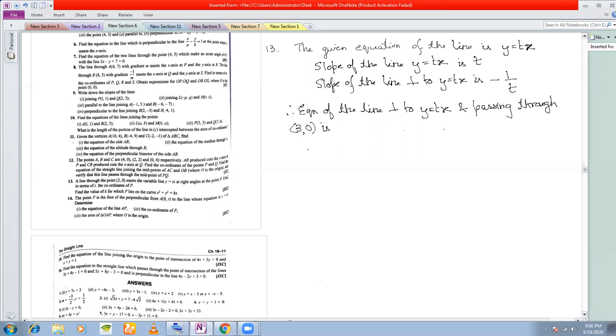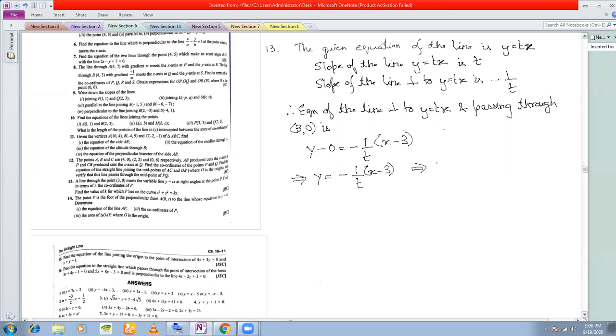is, in point slope form, y minus y1 is equal to, what is the slope of this line? Minus 1 by t into x minus 3. That means this equation is y is equal to minus 1 by t times x minus 3.